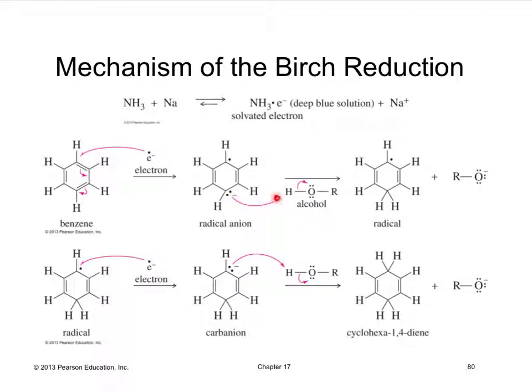Then these electrons will pluck off the proton from the alcohol, generating just the radical, and then an electron will come in, making the electron pair, which will then protonate off of the alcohol, generating the cyclohexa-1,4-diene.